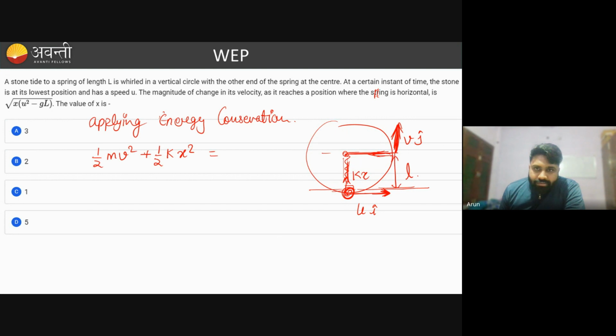So there is no spring potential energy at the horizontal position, and we have only mgl. So you can say that 1 by 2 times m v square is equal to mgl minus half of kx square.